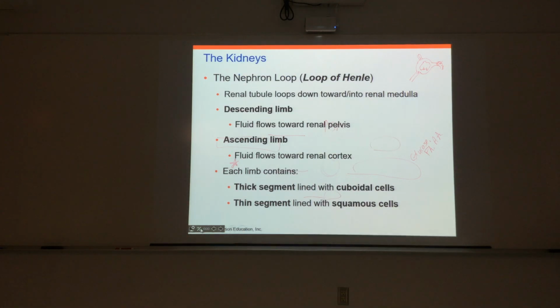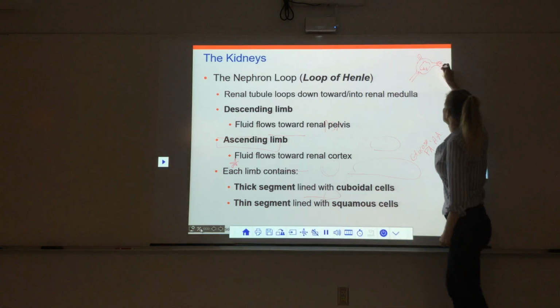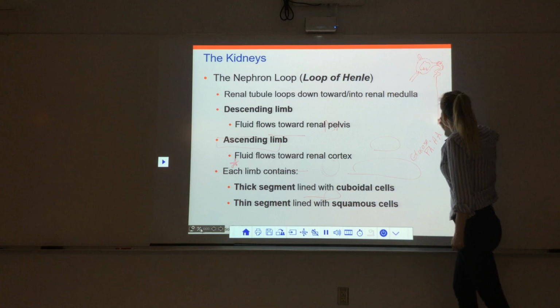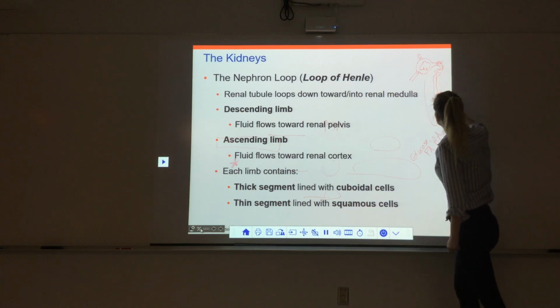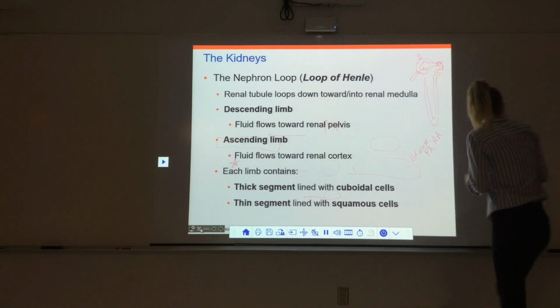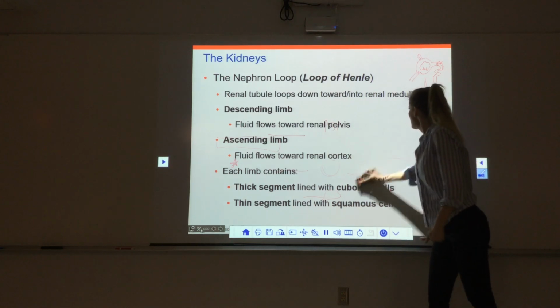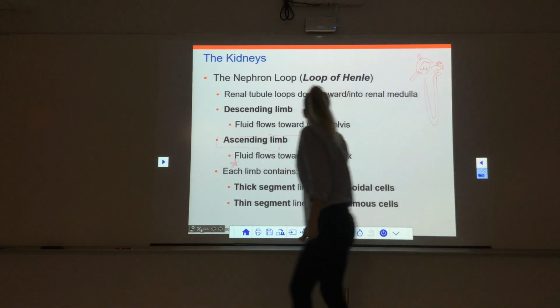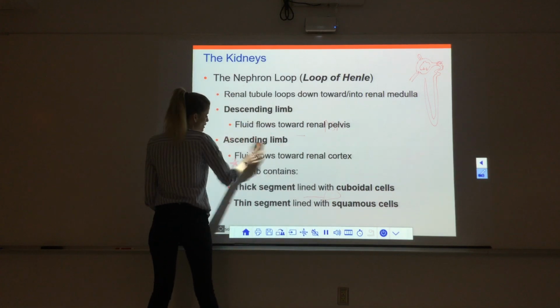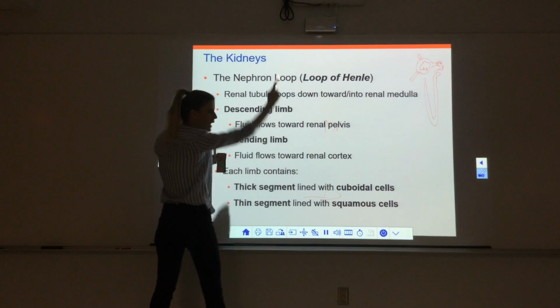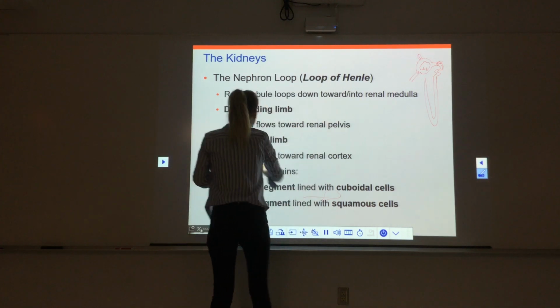So after the PCT, we had this really twisted proximal convoluted tubule. Then we get to the nephron loop, or the loop of Henle. When we look at the nephron loop, remember that it drops down towards the medulla, like towards the hilum or the center of the kidney, and then it curves back up out towards the cortex again.